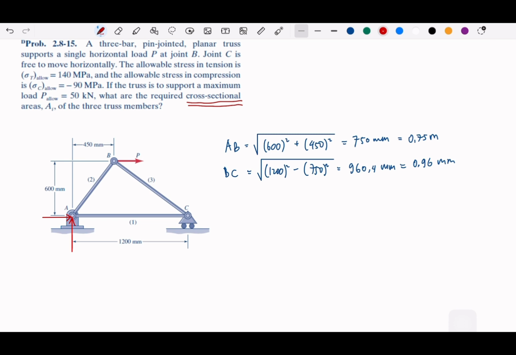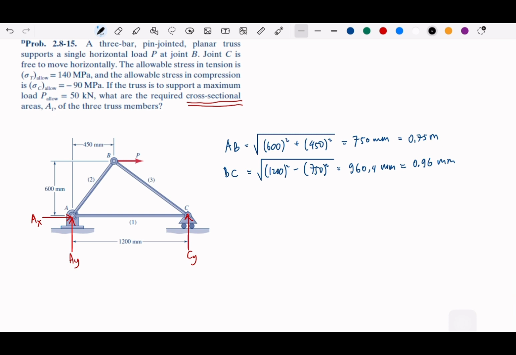But let me just go to the right, just to prove that there will be a negative in the result, so it should go to the left. And then for C, since it's a roller, we have only vertical, let's say CY. So we have P, which is 50 kilonewton, or 50,000 Newton.